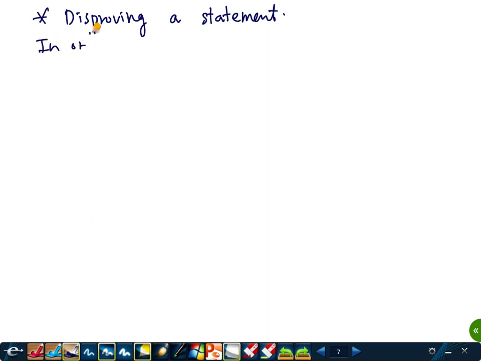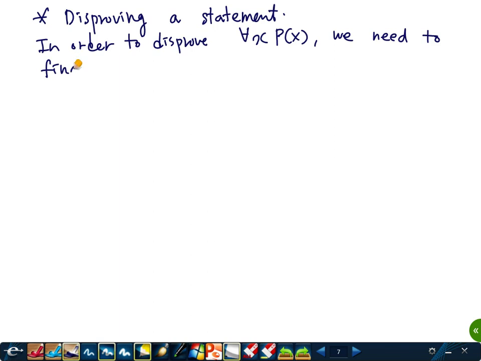In order to prove or disprove a statement like this, for all x, p of x, disproving a statement means we show that this statement is false. This is what I mean by disproving a statement. So you suppose that this is false and you want to show that. Then we need to find x such that p of x is false.